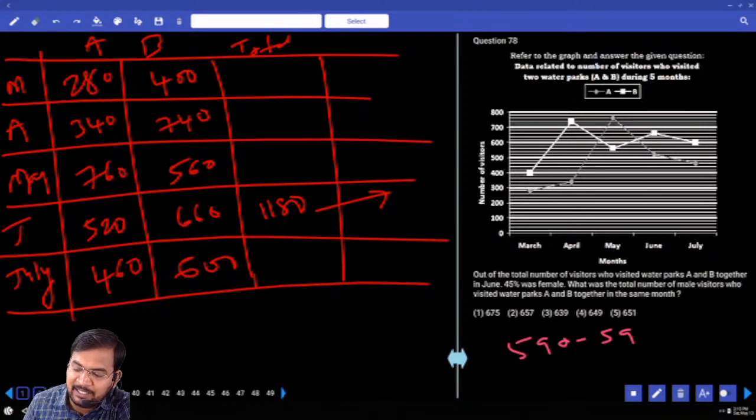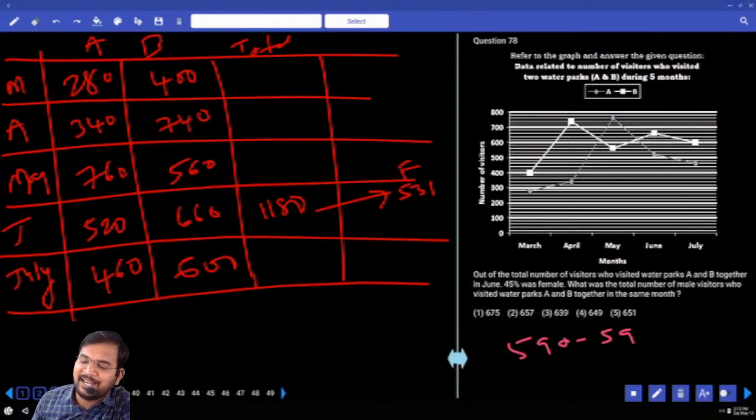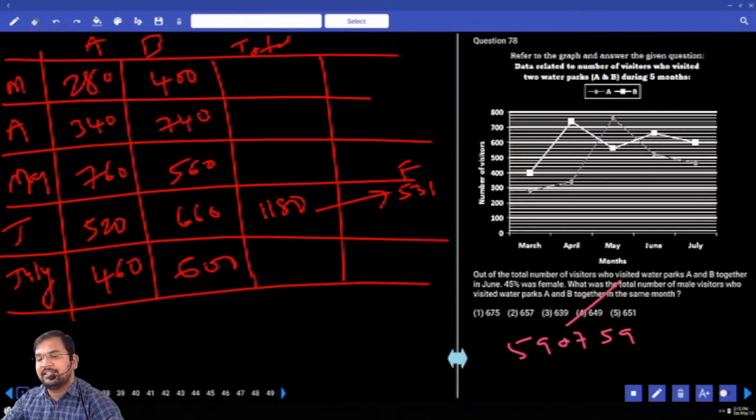If you subtract, 590 minus 59 is 531, so 531 are female. Next, what was the total number of male visitors? They are asking male. Male is 55%: 50 plus 5, so 590 plus 59 is 649.